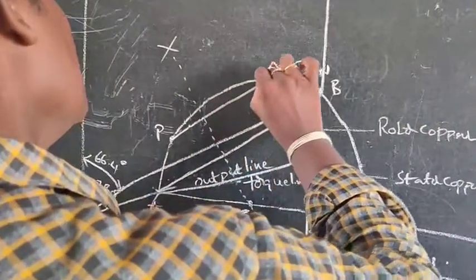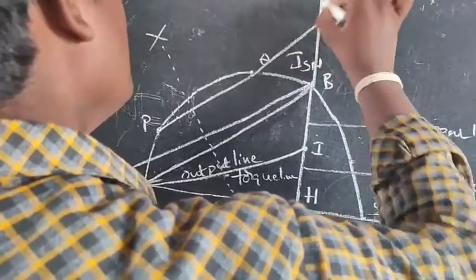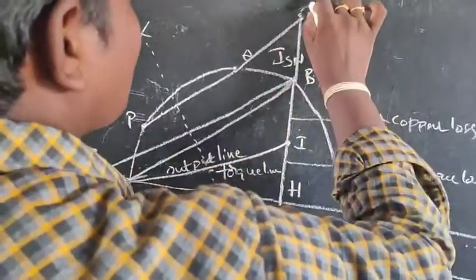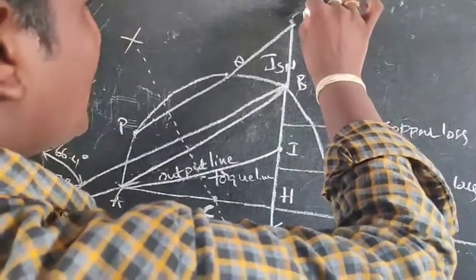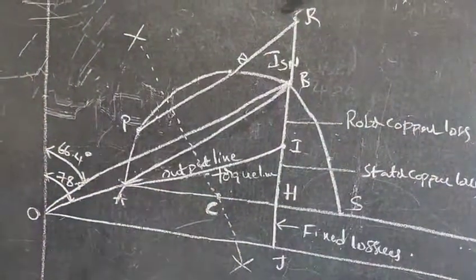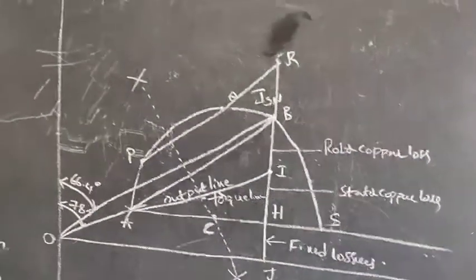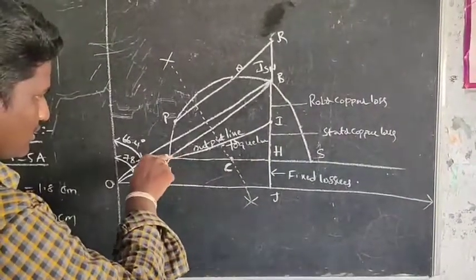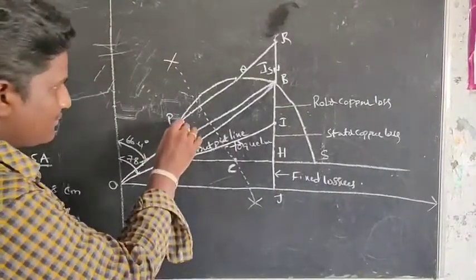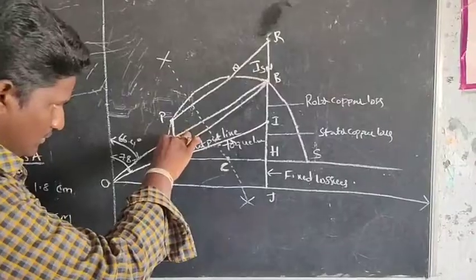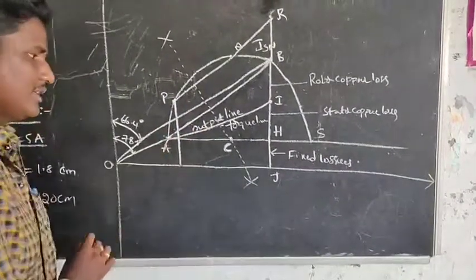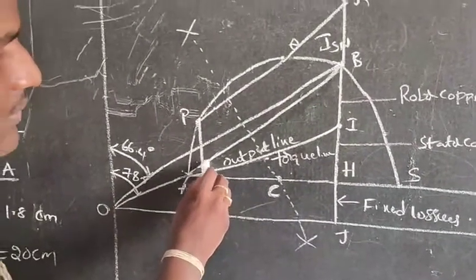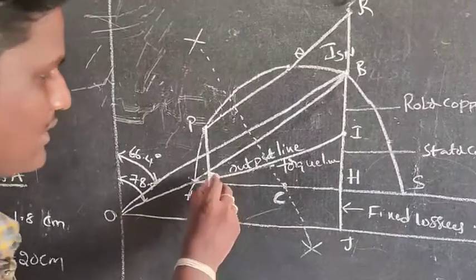After that, join P, Q. There is also a point J already given, so PQR. After that, what can we do? Draw a line parallel to this one that touches the output line, torque line, and the losses.